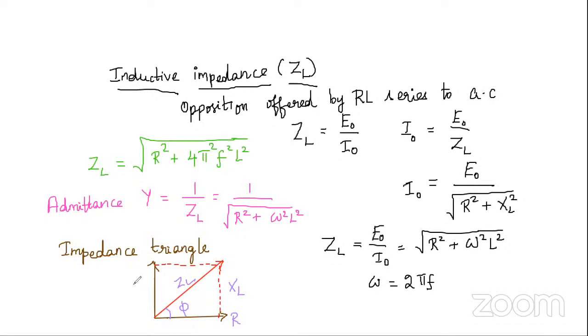What is the value? Can anyone tell me? Nobody? It is actually infinite. The capacitor offers infinite resistance to DC. We have discussed that a few minutes ago only. That's why I asked you this question.